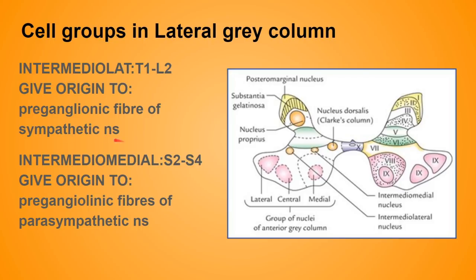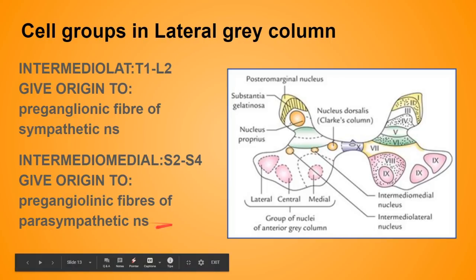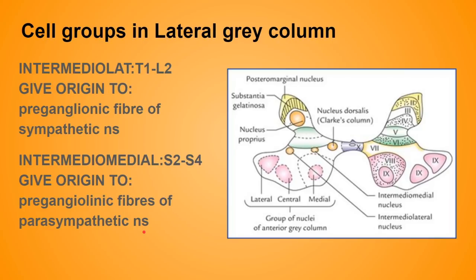And the intermediomedial extends from S2 to S4 and gives origin to preganglionic fibers of the parasympathetic nervous system, that means the sacral outflow, and also passes through the anterior nerve root of the corresponding sacral nerve.